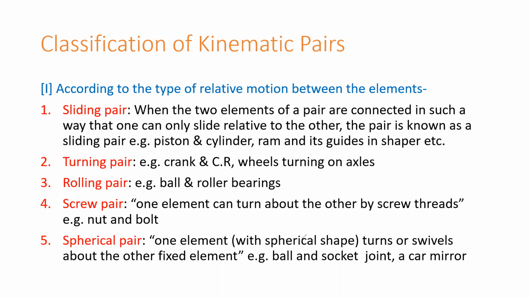One will be a solid sphere and the other will have a spherical cavity, and the sphere will fit in that spherical cavity. So this element turns or swivels about the other fixed element, which has the spherical cavity.